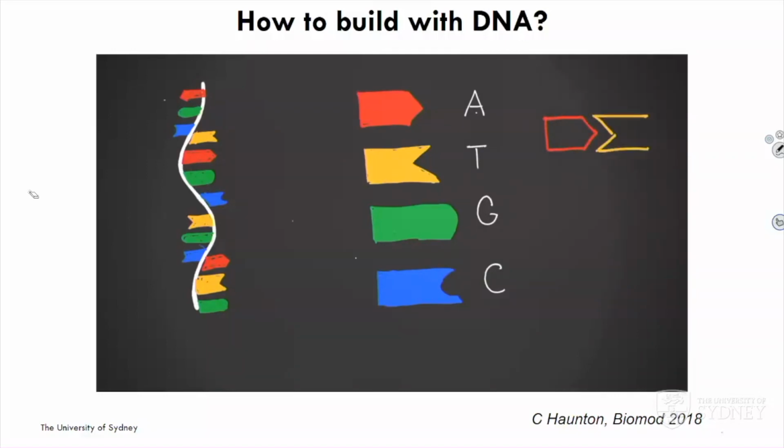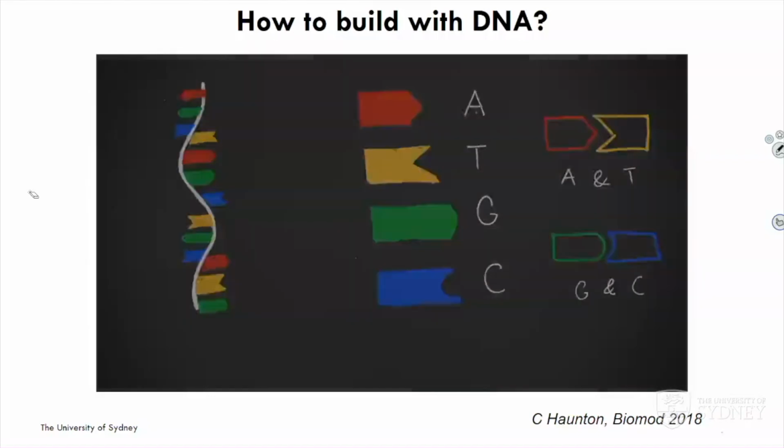Think of the bases as 4 differently shaped puzzle pieces. The pieces can connect by slotting together, but only if their shapes match. Similarly, bases can only pair if their shapes, that is, their chemical structures, are compatible. For that reason, the base A always pairs with T, and G always pairs with C.